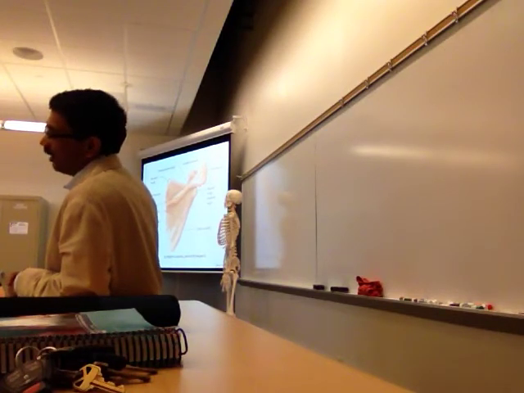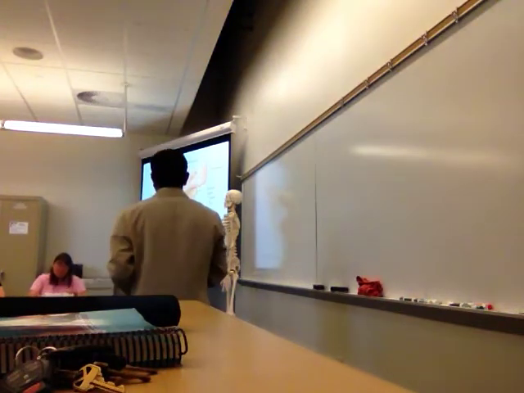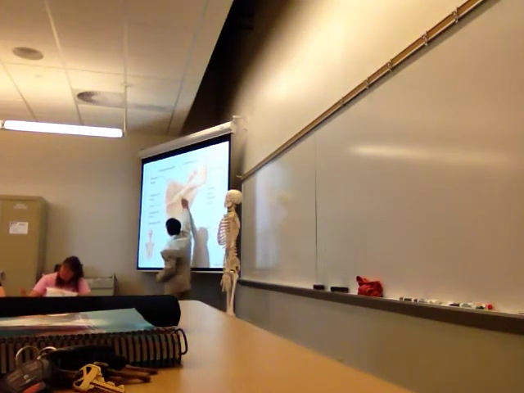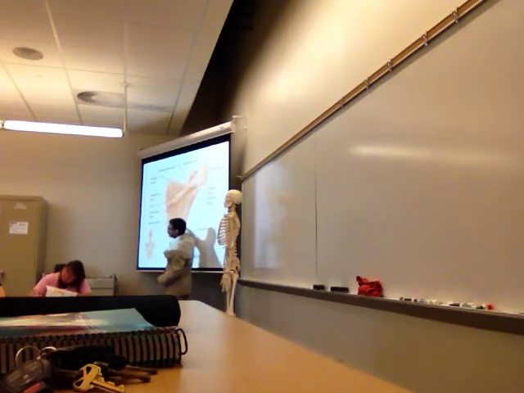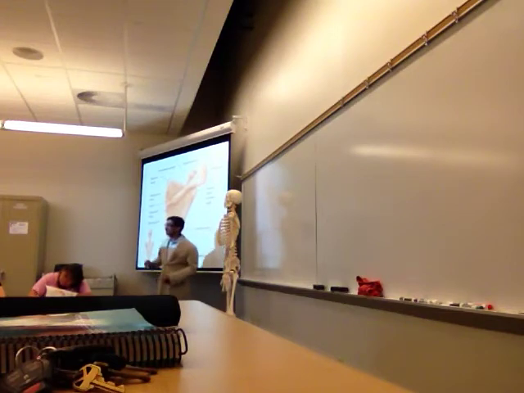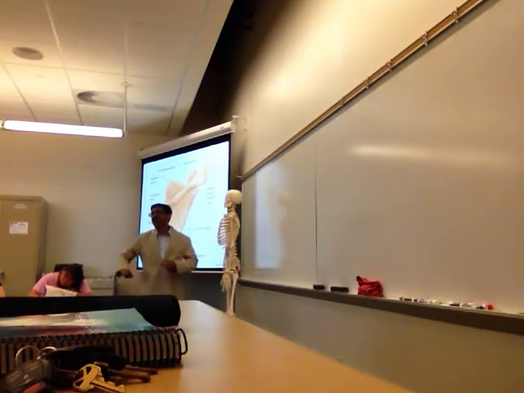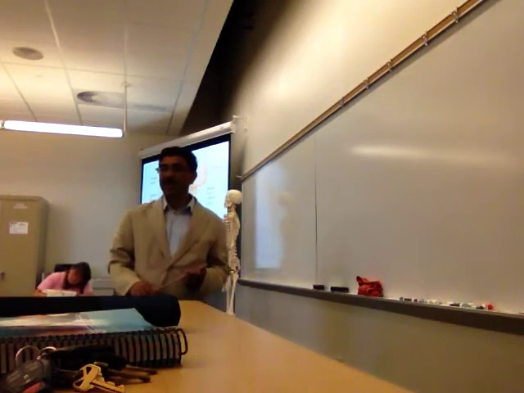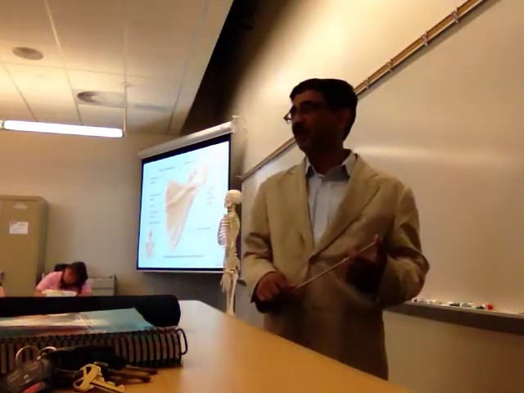The spine separates the entire posterior surface into upper and lower parts. The upper part is called the supraspinous fossa, and the lower part is called the infraspinous fossa.